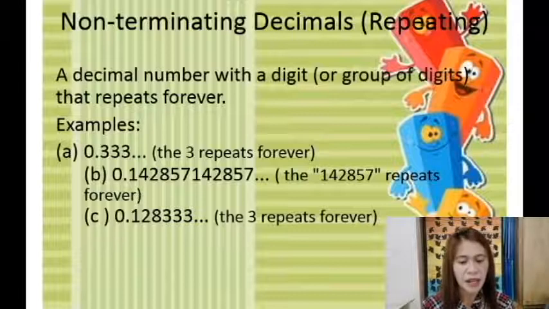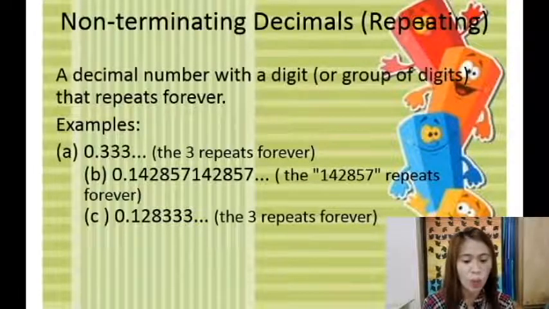Okay. Next, 0.142857142857. The 142857 repeats forever.